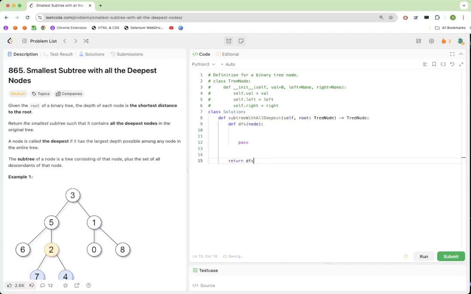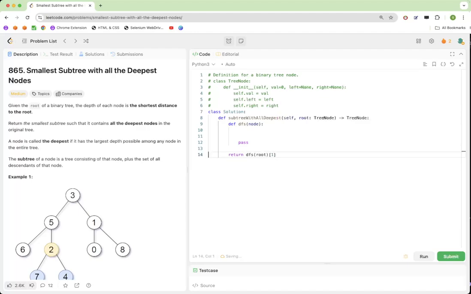So return DFS starting from the root. We're going to get two values, which is the height and then the node associated with that height. So we want its second value. So the 0th index has the height and the 1st index has the related node.